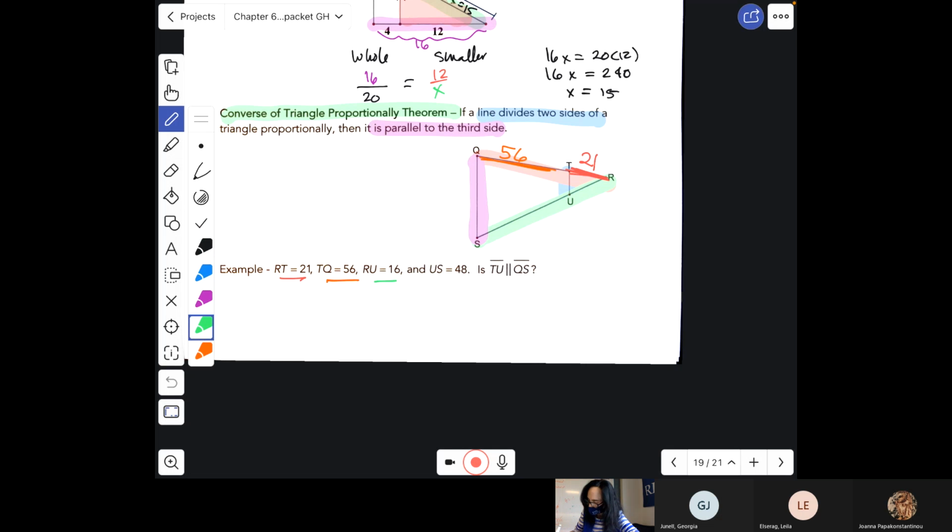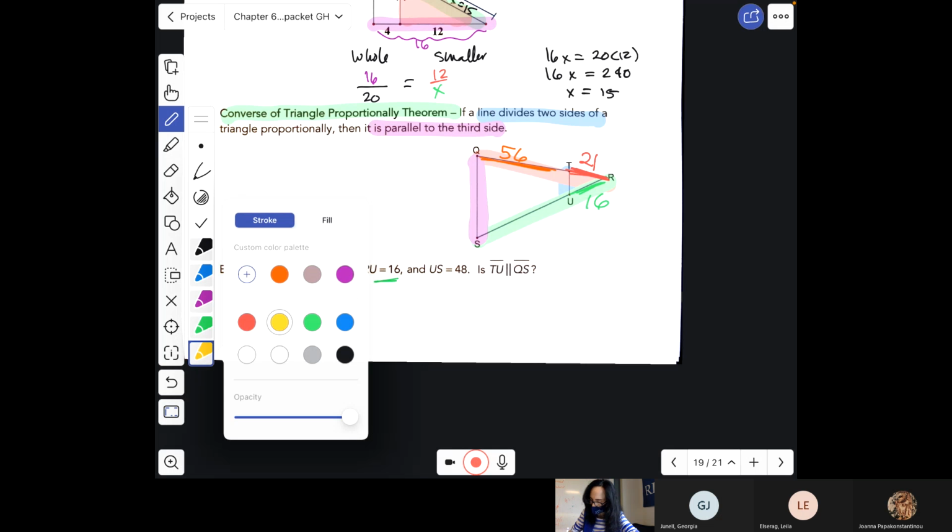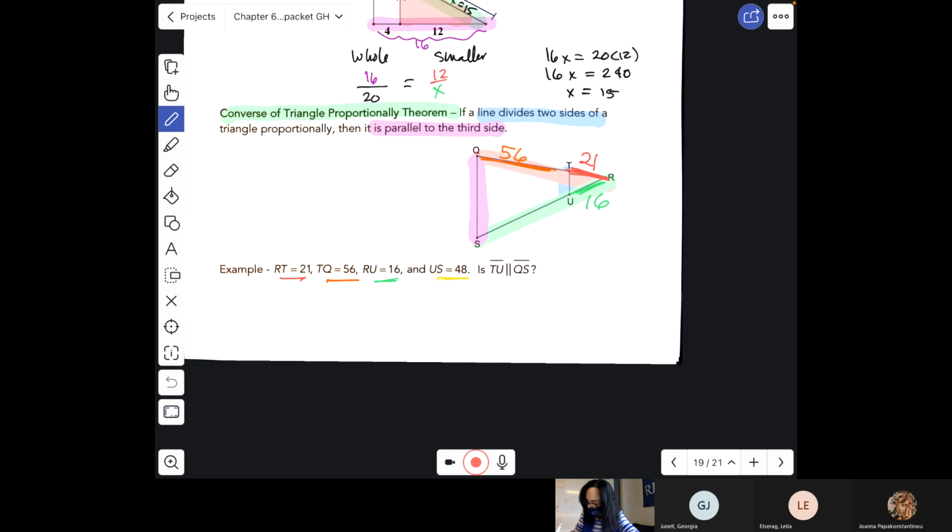RU is 16. And US is 48. The question is, is TU parallel to QS?